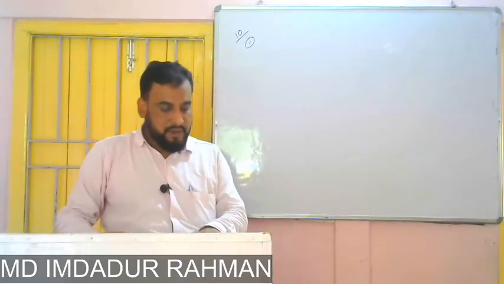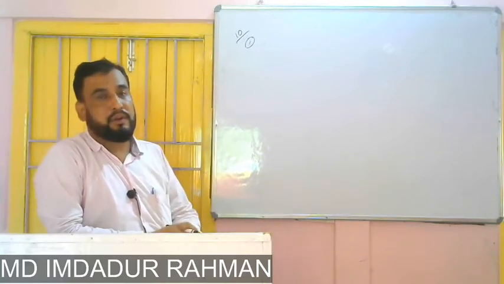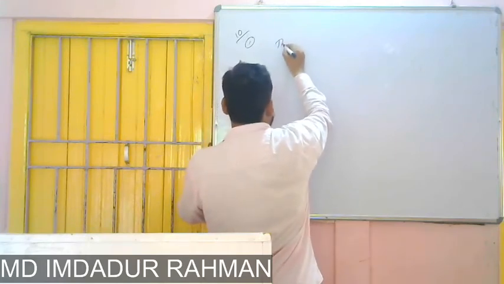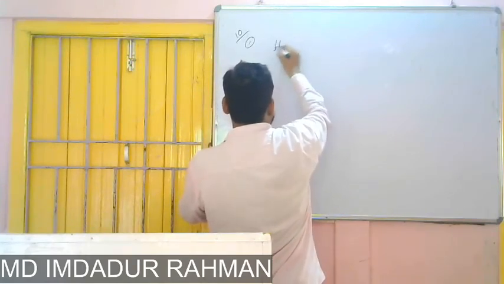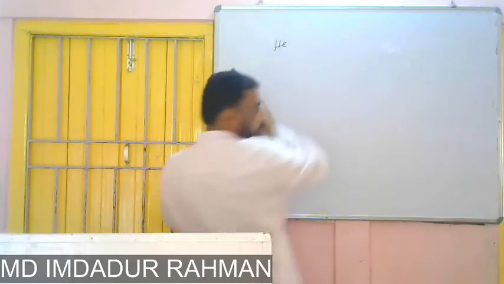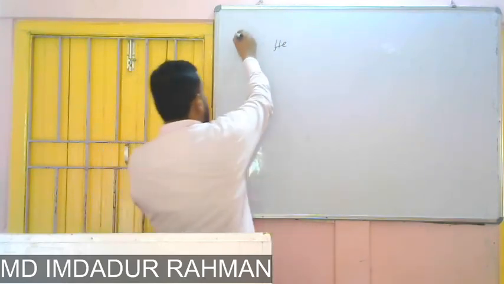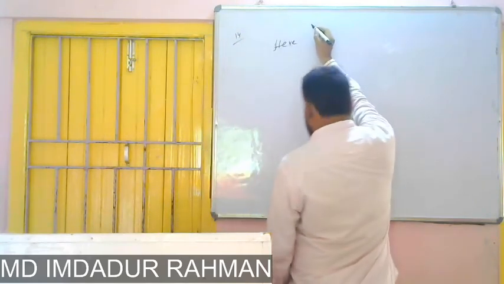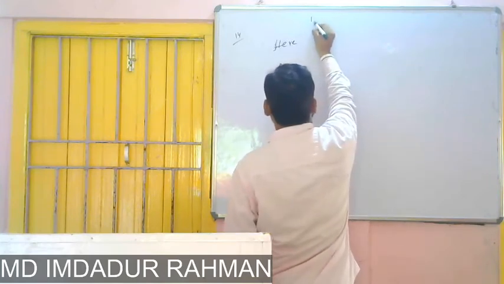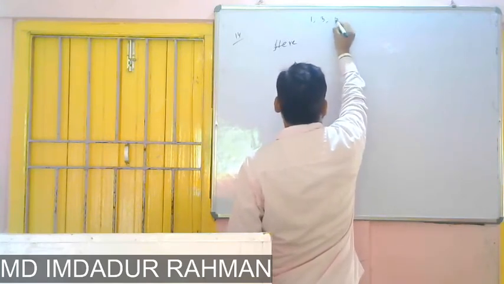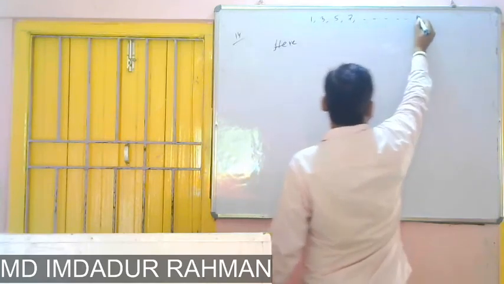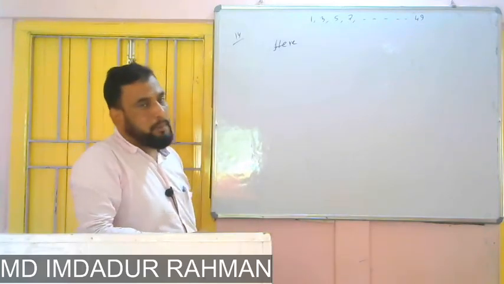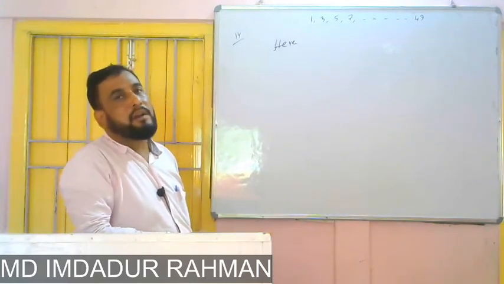The odd numbers between 0 and 50 are 1, 3, 5, 7 up to 49. Then we have to find the sum of these odd numbers.